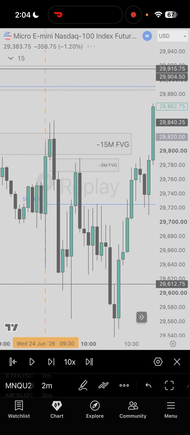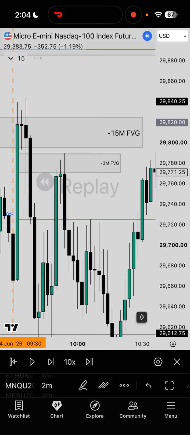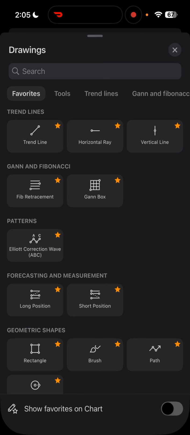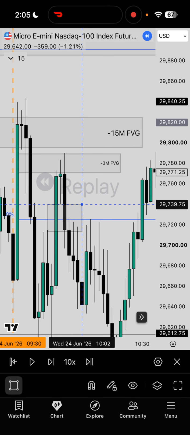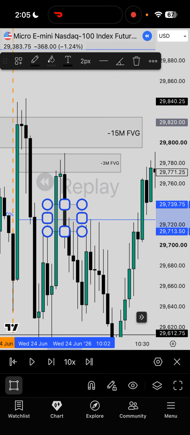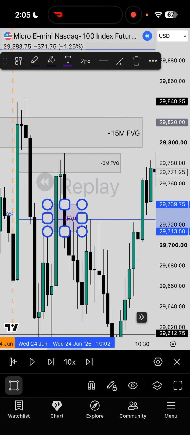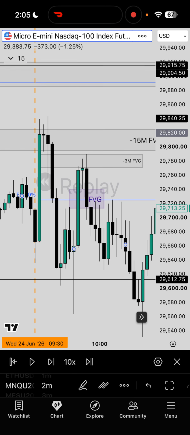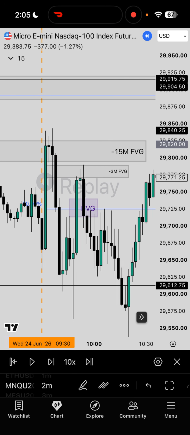Then if you look at this 2-minute time frame, we had an inversion right over here. This was the inversion. So I was like, okay, we just reversed this gap. I think we went to 50%.